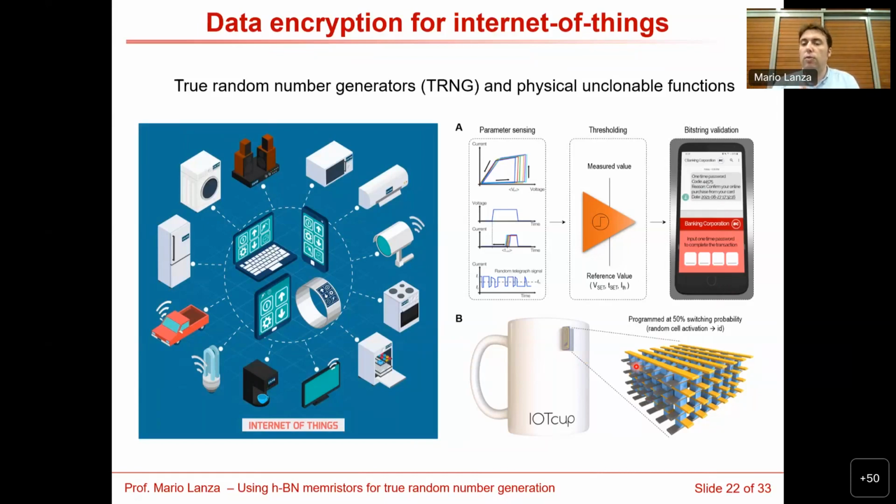Which ones will switch depends on the atomic structure of the device, of the metal-insulator-metal junction. It is impossible to predict which one will switch and which one will not. So this can be employed as a physical unclonable function to identify objects.